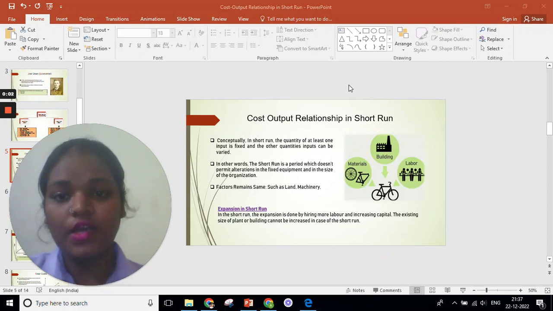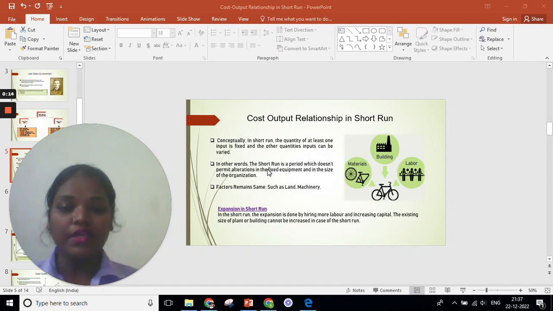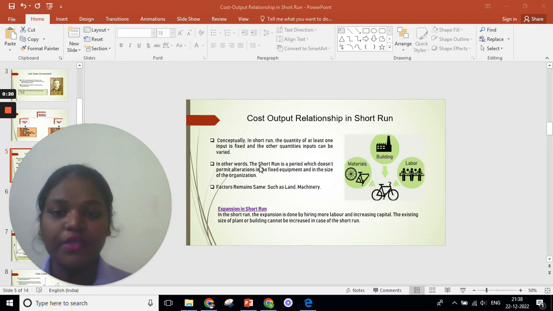Conceptually, in short run, the quantity of at least one input is fixed and the other inputs can be varied. Short run is a period which doesn't permit alterations in the fixed equipment and in the size of an organization.